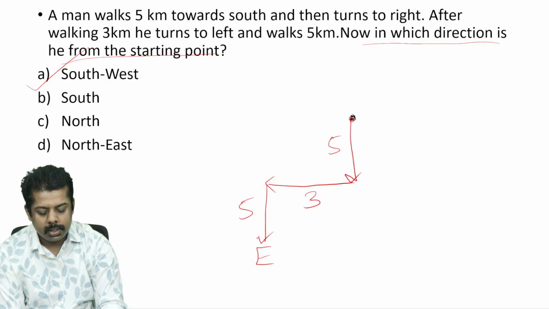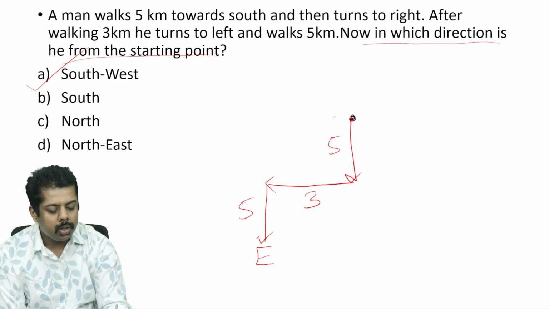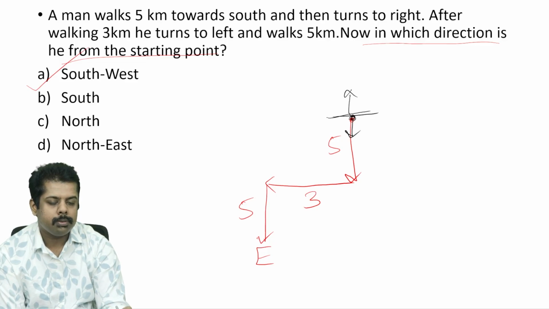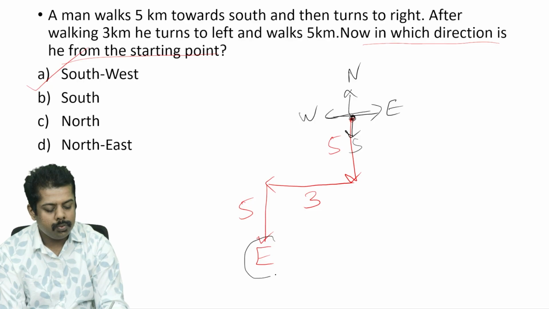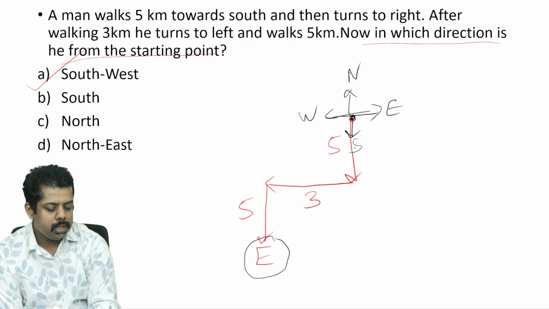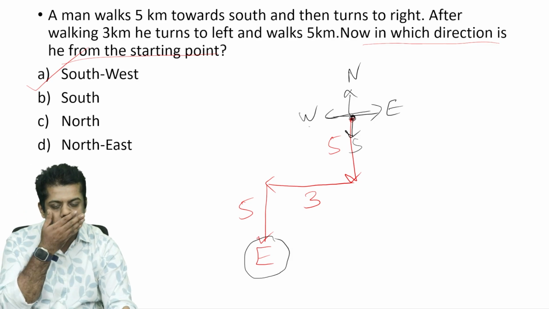If you have a doubt, try and draw the basic diagram. So this is north, this is south, this is east, and this is west. Now we have to find where this point is. As we can easily see, this point is between south and west.